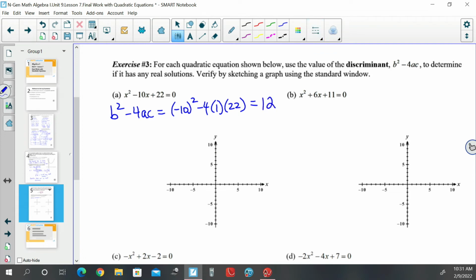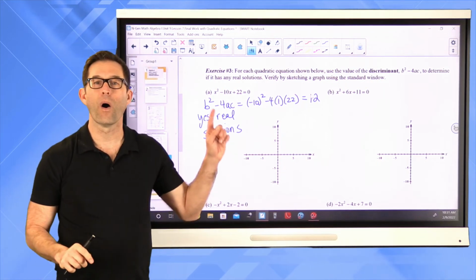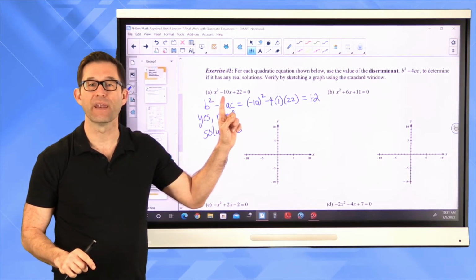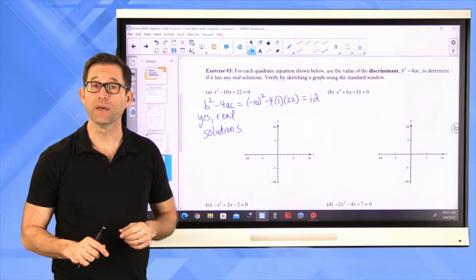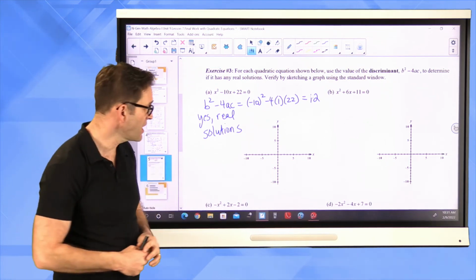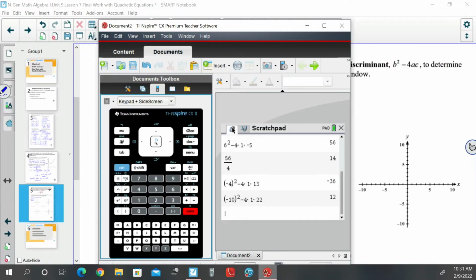So yes, real solutions. Now, in theory, what that means is if I graph y equals x squared minus 10x plus 22, I should see it cross the x-axis. Let's see if that's actually the case.